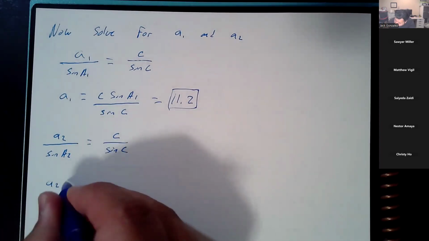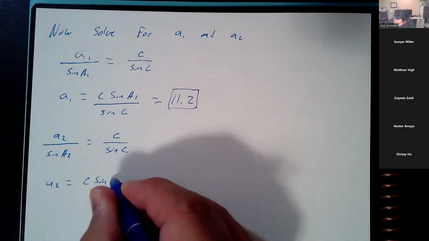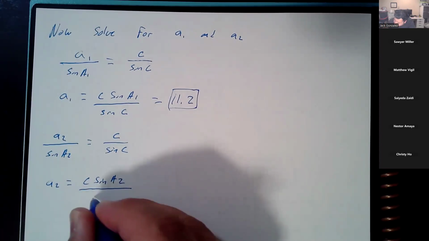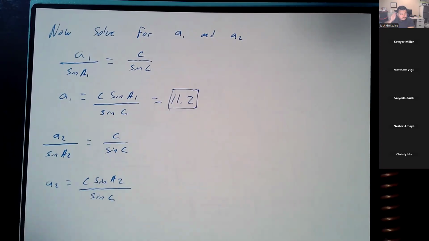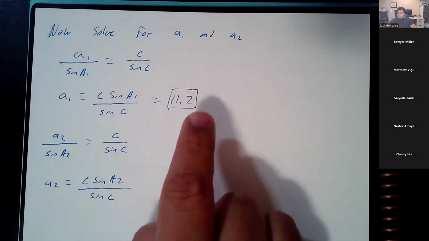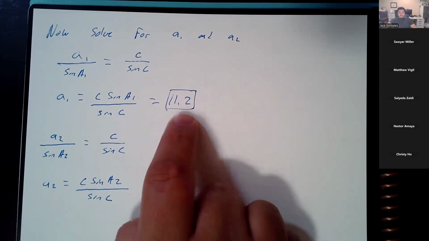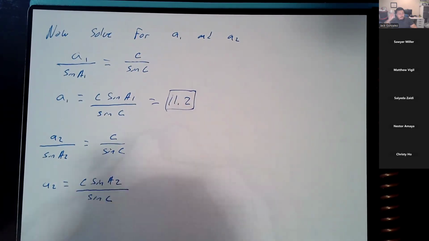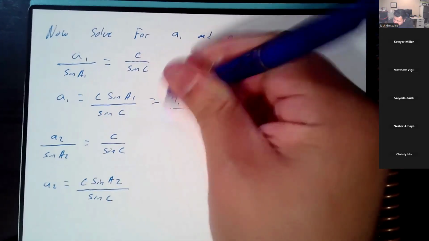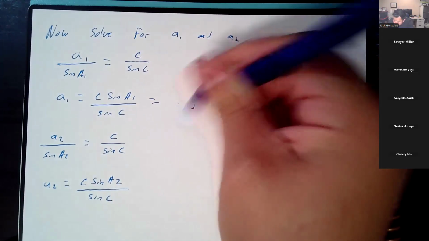So A2 is equal to C sine A2 over sine C. Actually, I think I messed that up. Hold on a sec. Yeah, I didn't plug in the numbers. Let me do that again. Sorry.